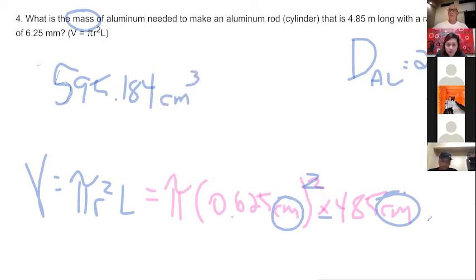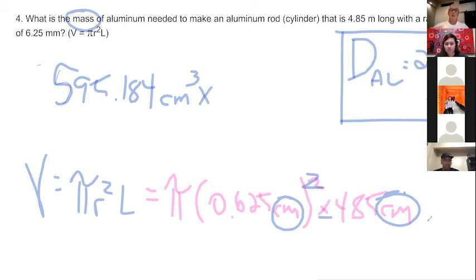So now we take into consideration our density, and we want a mass. It doesn't say what units, so you can basically use any units you want. You can convert this to pounds if you want, though I don't know why you would.